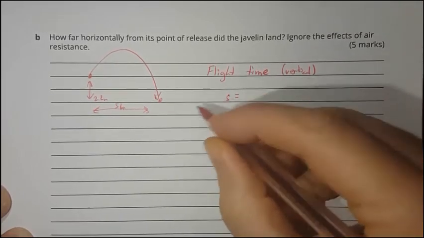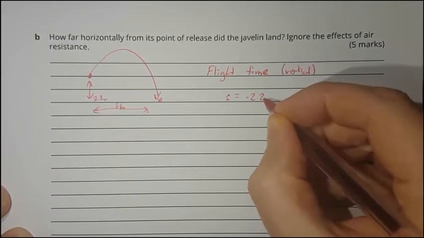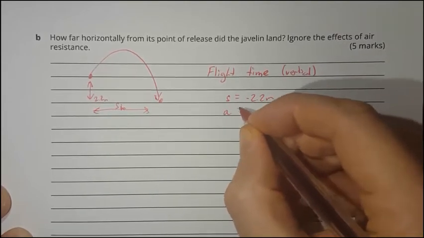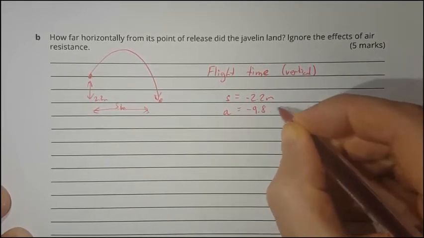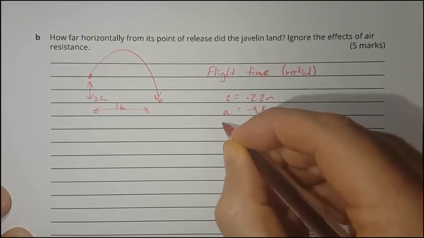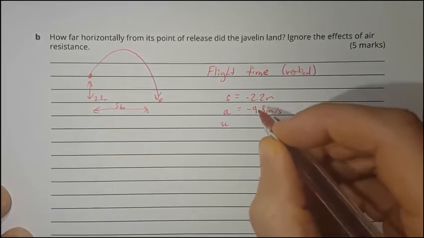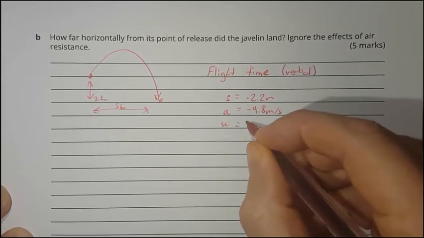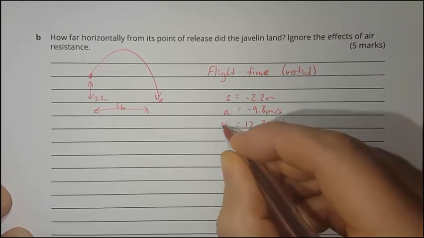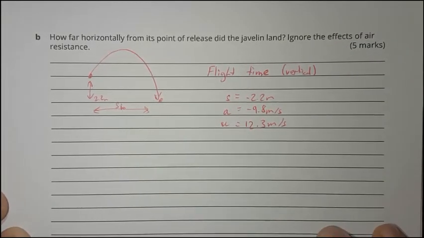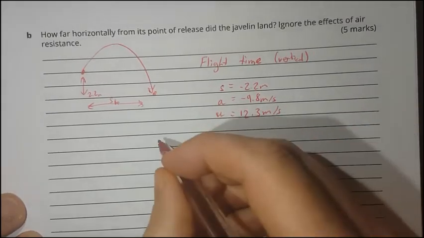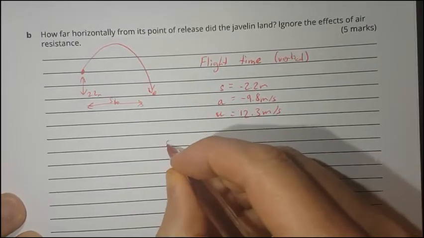So s is going to be negative 2.2 meters, acceleration is negative 9.8 meters per second squared, and the initial velocity from our previous question is 12.3 meters per second. That was done just using 20 sine 38.